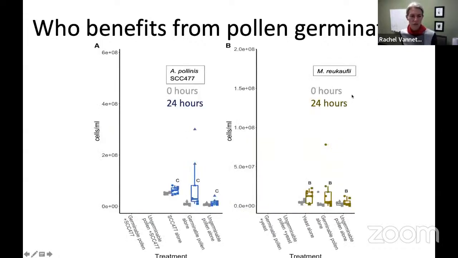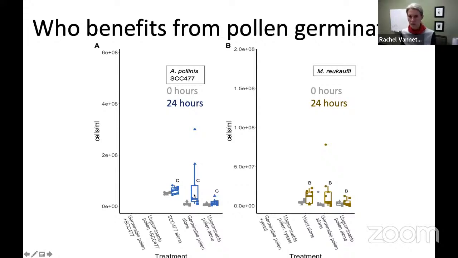So the next two plots that I'll present are Acinetobacter on the left, Metschnikowia on the right. You can see that alone, we had fairly low growth from 0 to 24 hours for Acinetobacter and for yeasts, and that pollen by itself had relatively low levels of contamination.